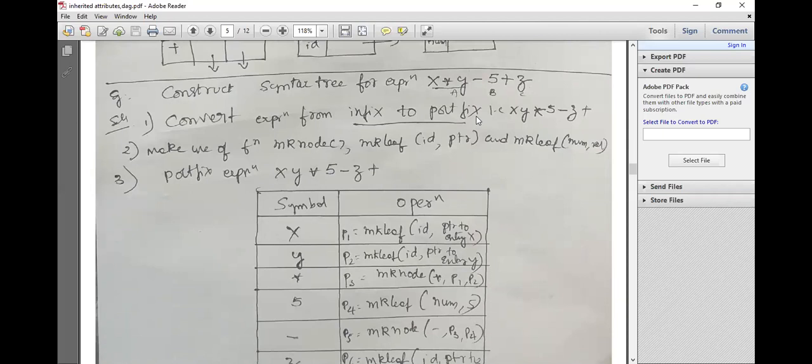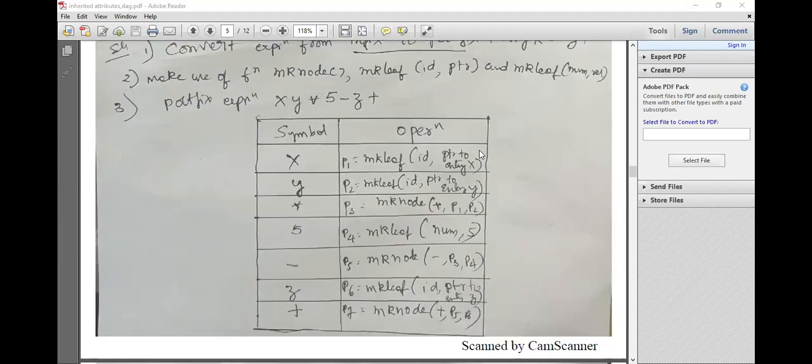Infix means there is an operator in between two operands, but you have to convert that infix expression to a postfix expression. Here we have x y star, then next y minus with z plus. Like that we will go on performing this operation.